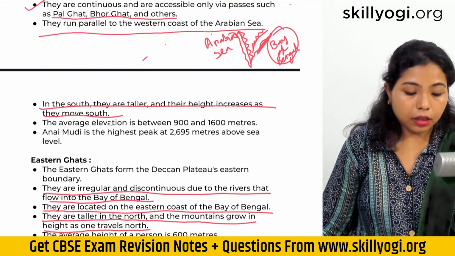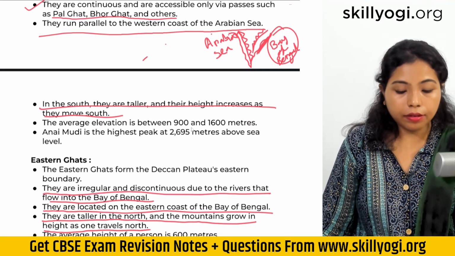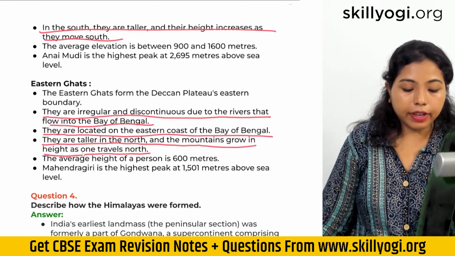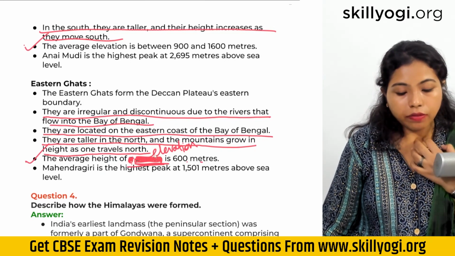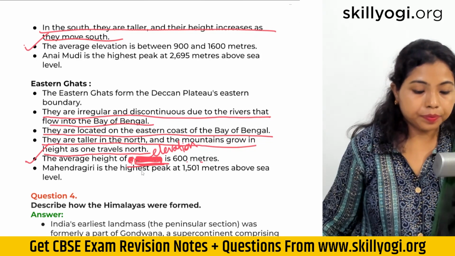Next point, the average elevation is between 900 to 1600 meters in the Western Ghat. But in the Eastern Ghat, the average elevation is 600 meters.